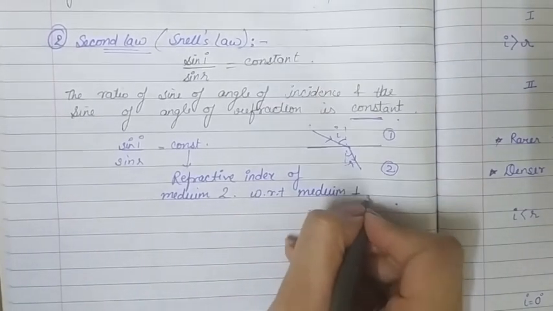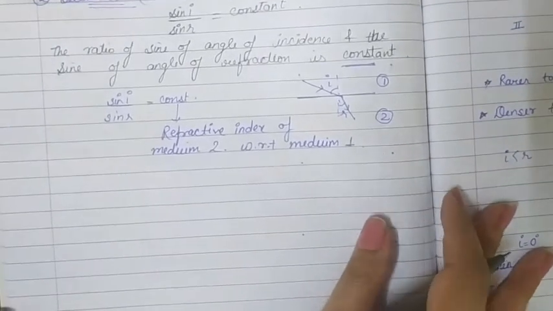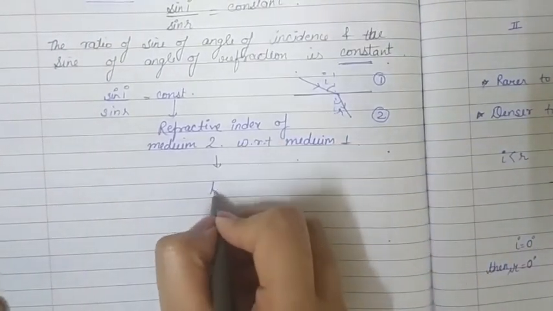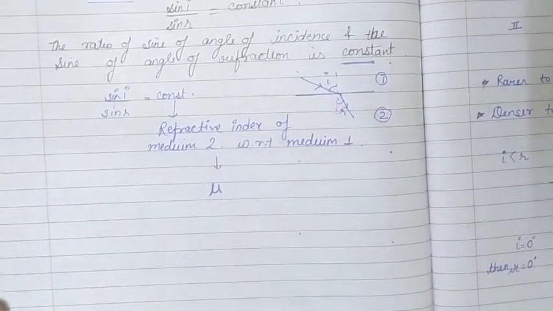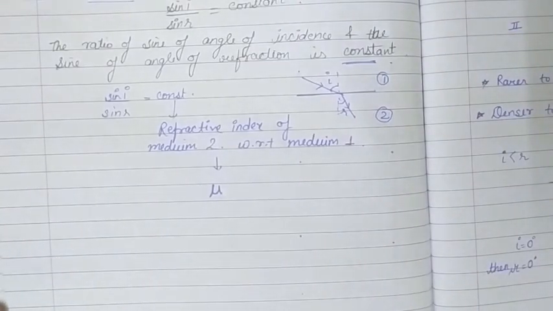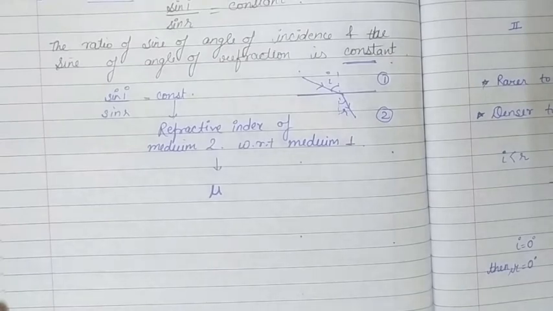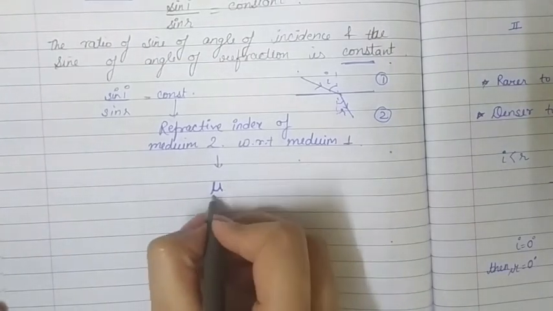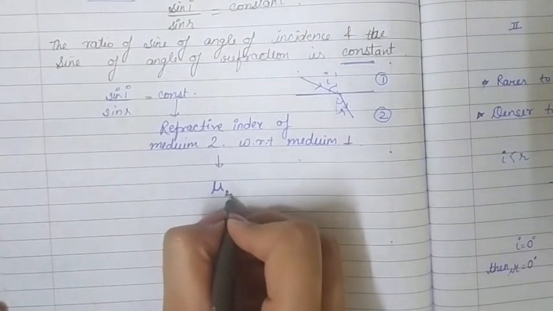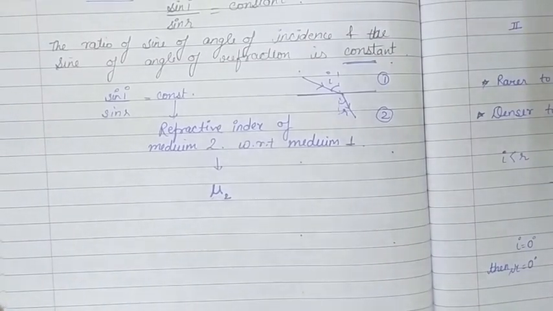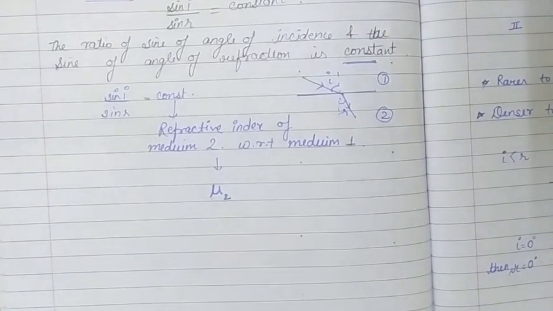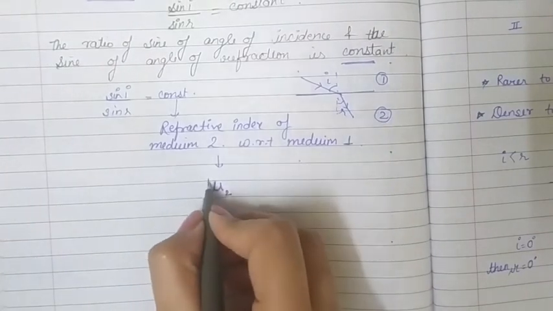Now how to represent it? It is represented by the letter mu. Mu represents refractive index, and we have to show that it is the refractive index of medium 2 with respect to medium 1. So we write it as mu 2. Mu 2 is the refractive index of medium 2 with respect to medium 1, then we can write 1 here.